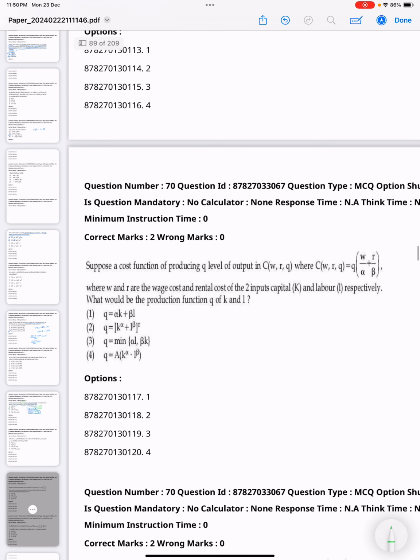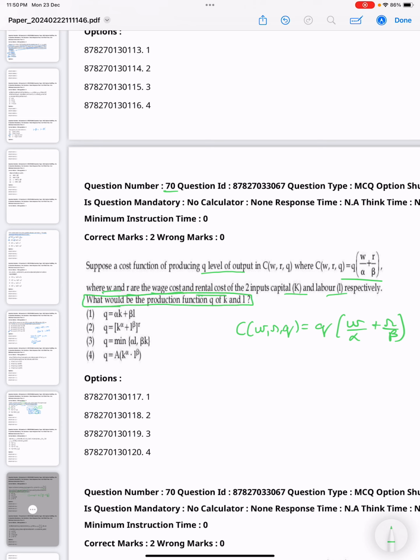Okay, 70th question. Suppose a cost function of producing q level of output is given by q times (w alpha plus r beta), where w is the wage cost and r is the rental cost of labor and capital respectively. What should be the production function of q and l?